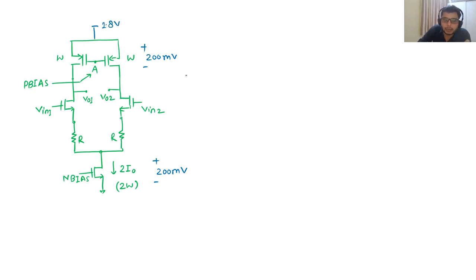From the half circuit also, the maximum that your output can go, if I talk about only the output one, is VDD minus the overdrive voltage of our device, which I call the P. So it is 1.8 volt minus 0.2 volt, which is 200 millivolt, so it is 1.6 volts. In the presence of a practical current source, that means some PMOS current source, our output is not allowed to go above 1.6 volt.